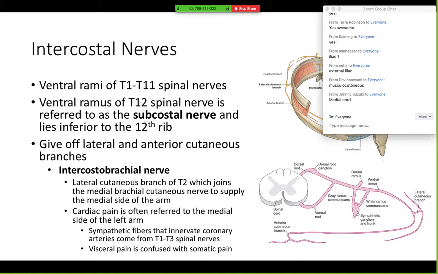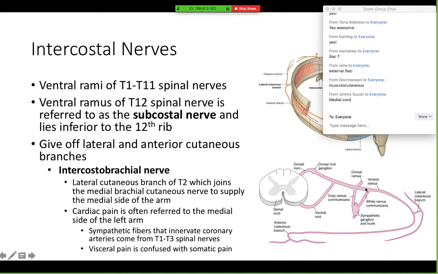And cardiac pain is often referred to the medial side of the left arm because we have sympathetic fibers. Preganglionic sympathetic fibers are traveling through the ventral root.